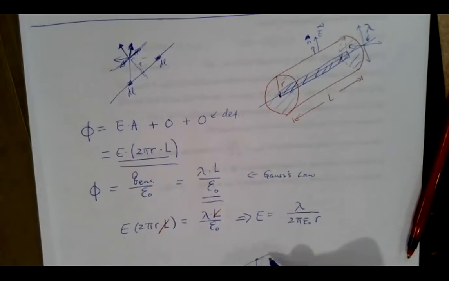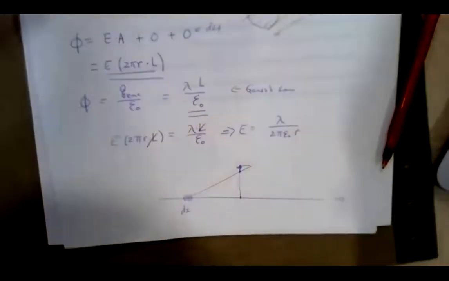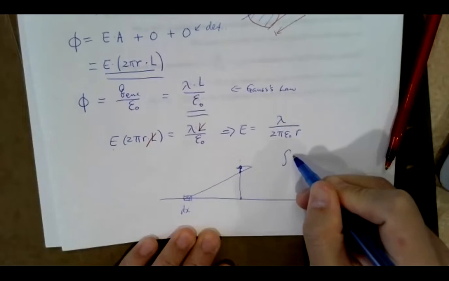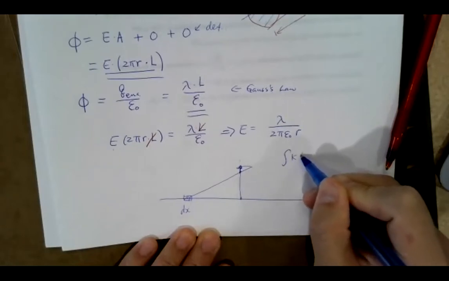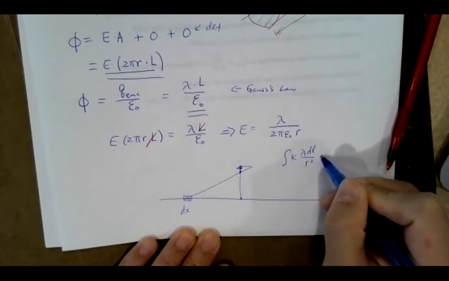You can calculate what would be the electric field due to that small segment in this direction, okay? Because the horizontal direction will cancel out, so you don't have to worry about the horizontal direction, okay? You can do an integration of k lambda dL over R squared, okay?